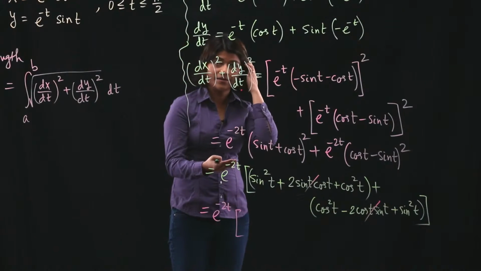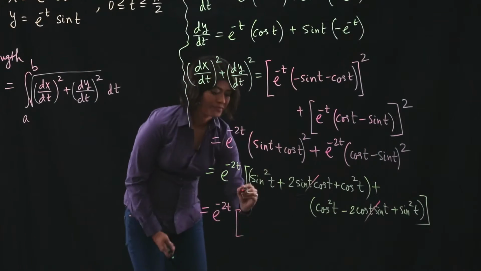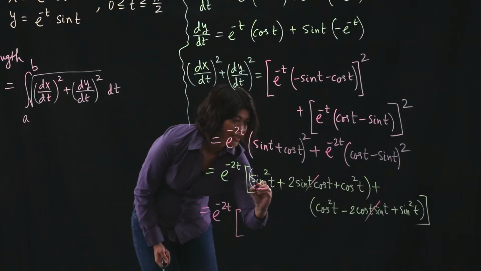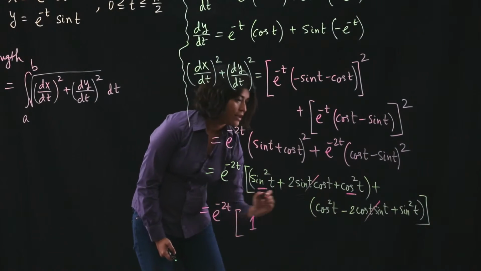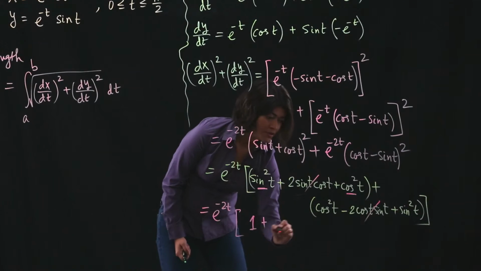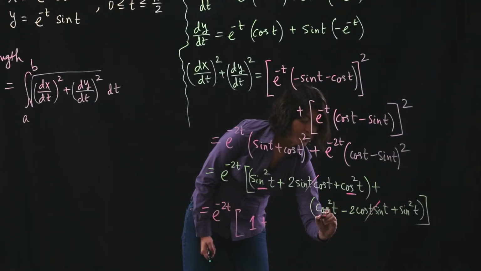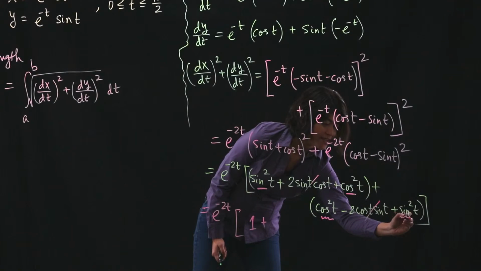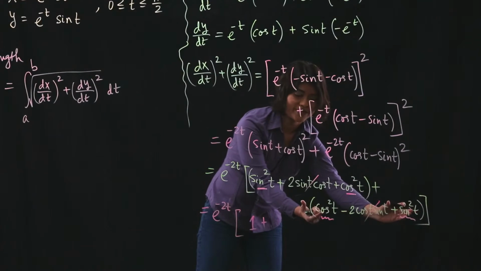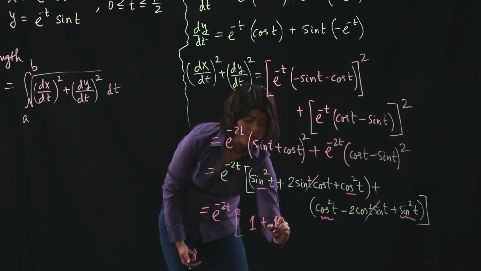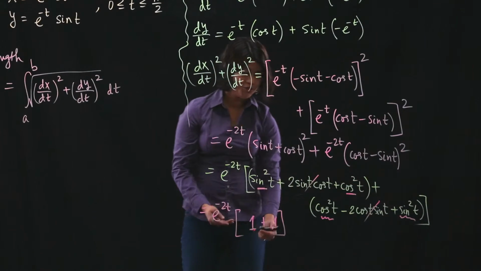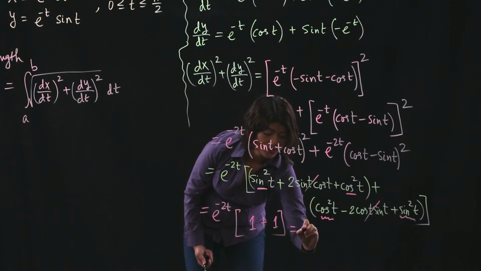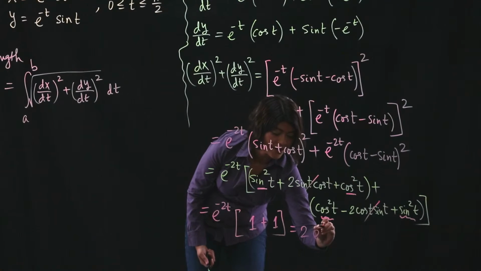It's just 1. That's one of the trig identities. And then plus, from the next term, you will have a cosine squared t and a sine squared t. Again, those two added together will give you another 1. So this whole expression is simplified to 2 times e to the negative 2t.